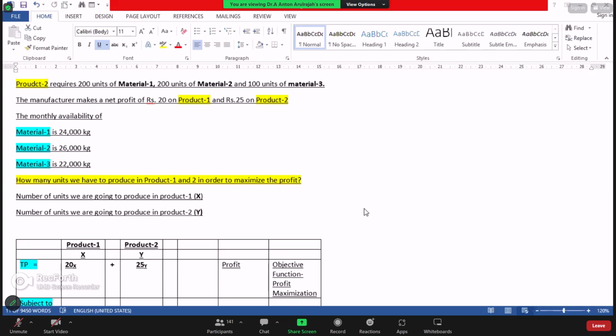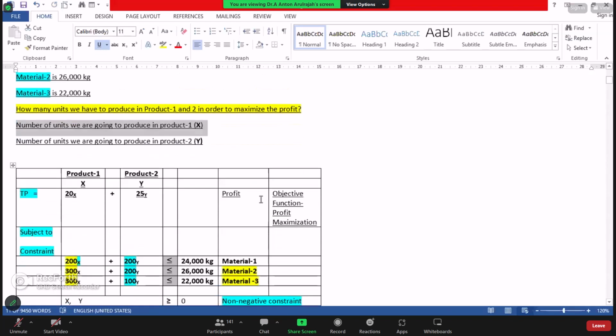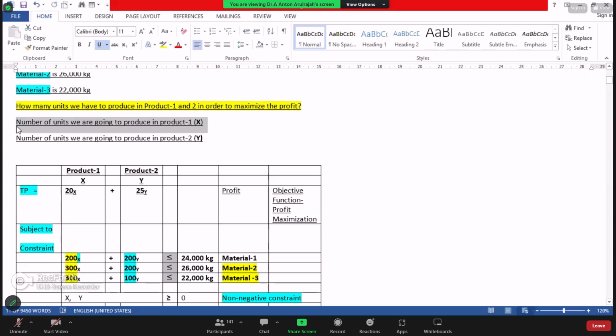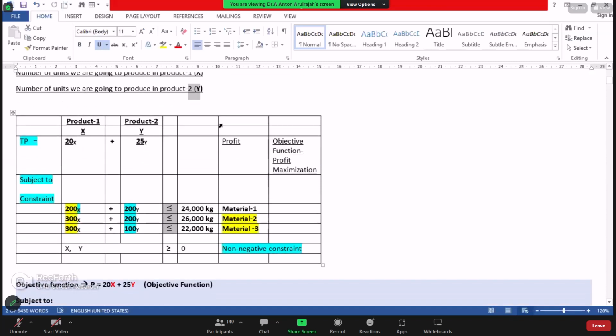So in order to handle this problem and find the solutions, first we defined the variables. The number of units we are going to produce in product one we consider as X, and the number of units we are going to produce in product two we consider as Y. So I developed a table and placed all the values.